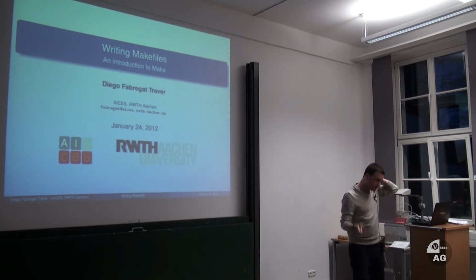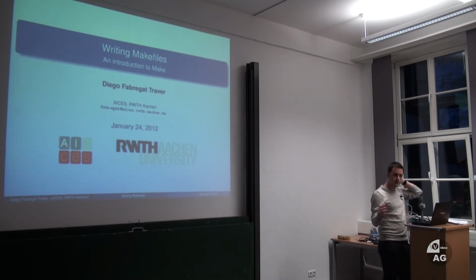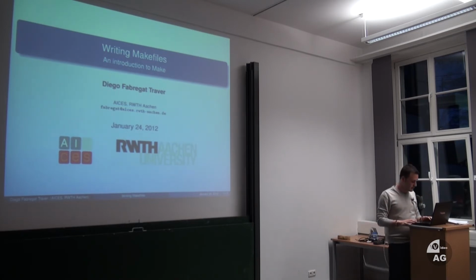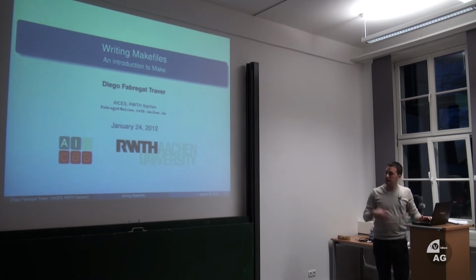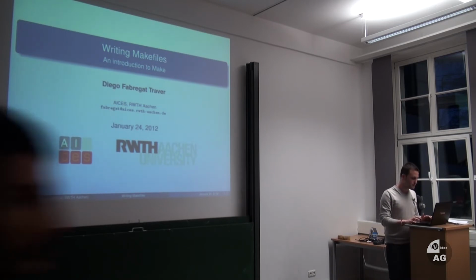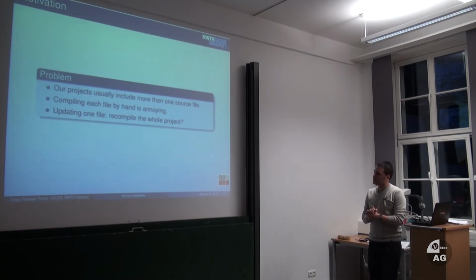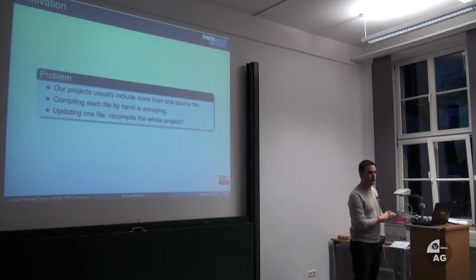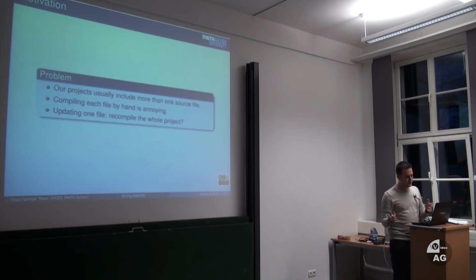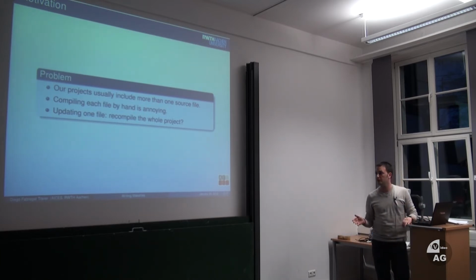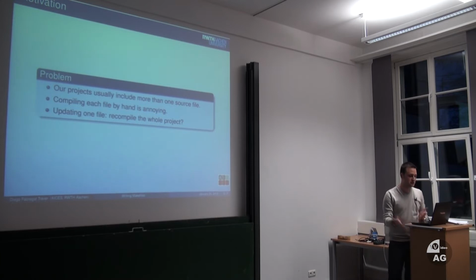What I want to do now is just give you an overview of the make program and how to write makefiles to automate, in general, the automatic compilation of programs. So the idea is that, in general, when we write our code, we have our projects, we have more than one file, hopefully, and in, I don't know, 6, 10, 1,000 of them, whatever.